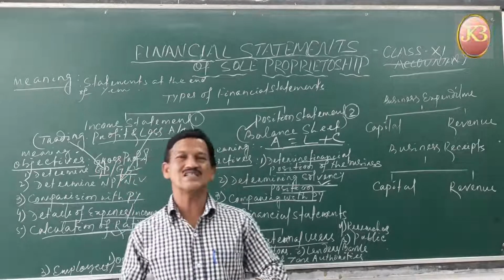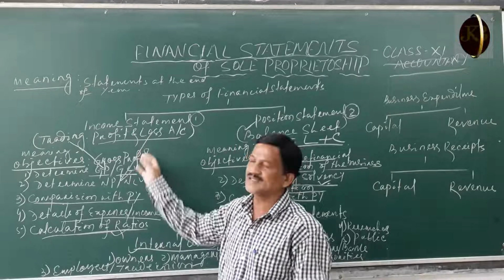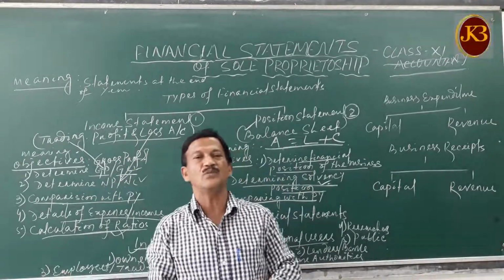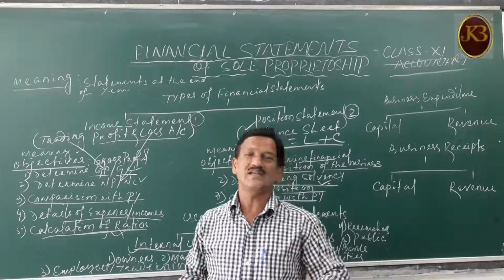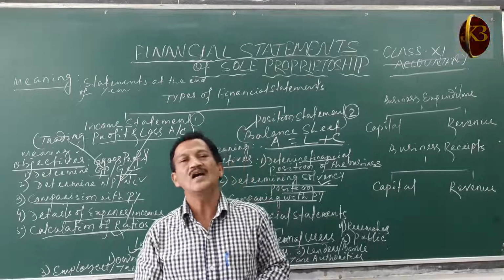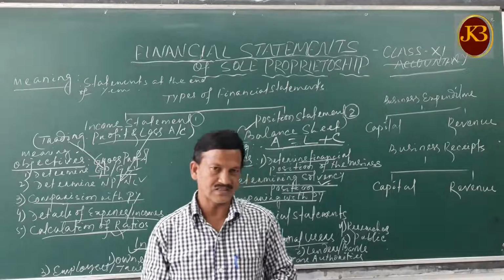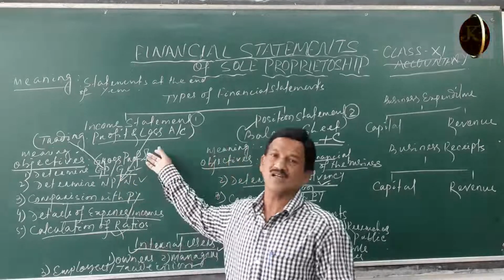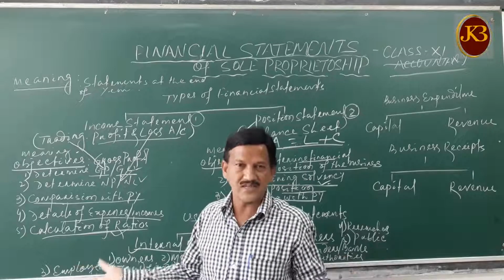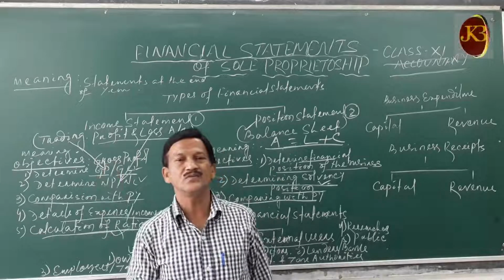Then the third internal users are the trade union as well as the employees. They are very much interested in the financial statements, mostly the income statement. From that they want to know about their wages. So whether there is a profit or loss: if there is a profit, they will demand higher wages, bonus, incentives and other benefits. If there is a loss, certainly they cannot demand, because this is the transparency of the financial statement; how can you justify increasing wages?